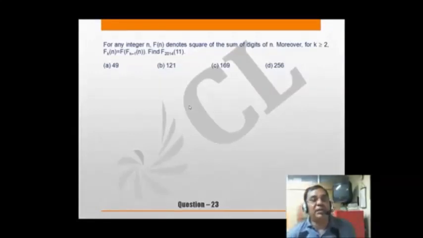For any integer n, f(n) denotes the square of the sum of the digits. Okay, this f(n) concept, we have to make a kind of series.